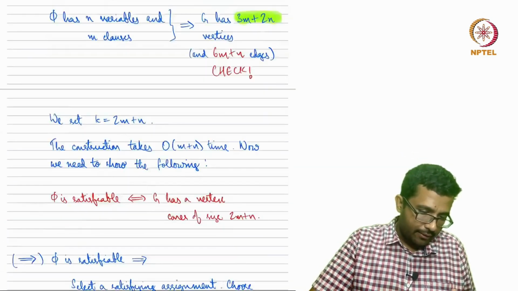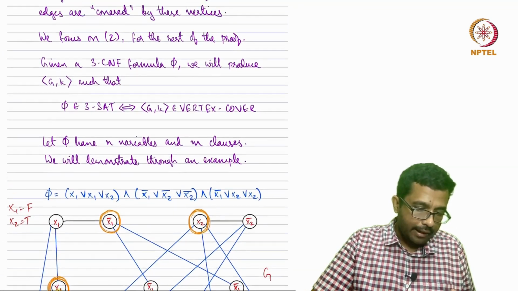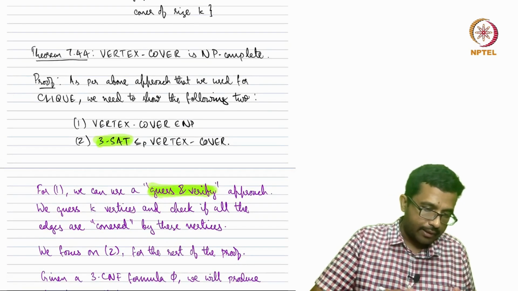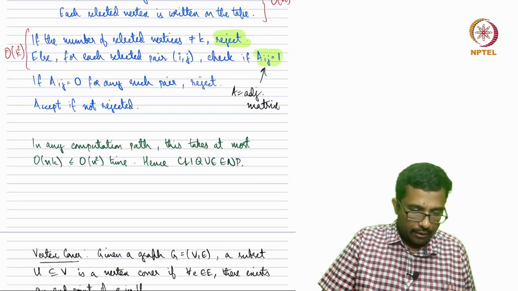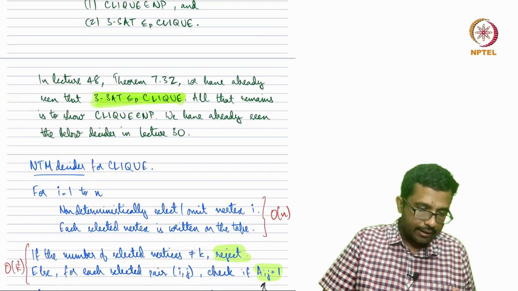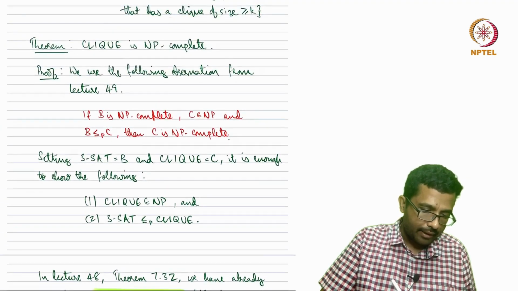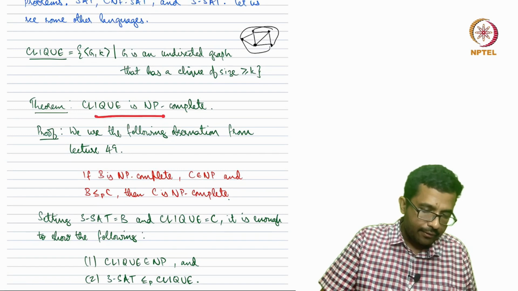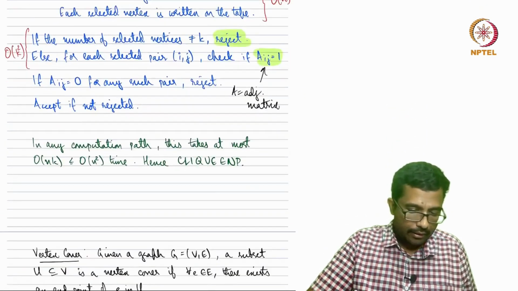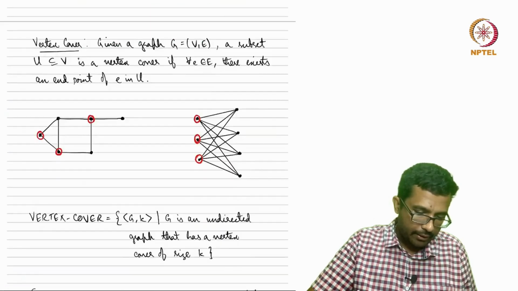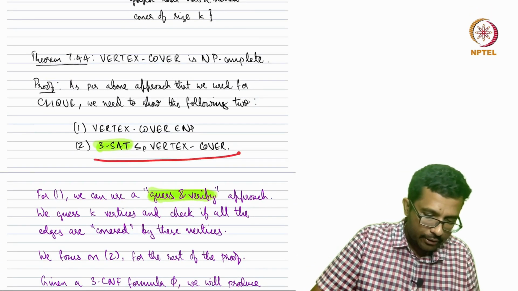So recall that we have to show that some NP complete language reduces to vertex cover, and here we had chosen 3-SAT. But in the beginning of the lecture we showed that CLIQUE is also NP complete, right? So another way would have been to show that CLIQUE reduces to vertex cover.